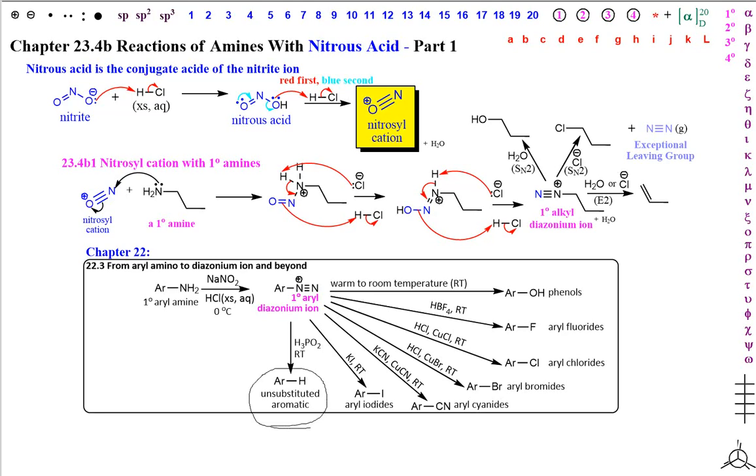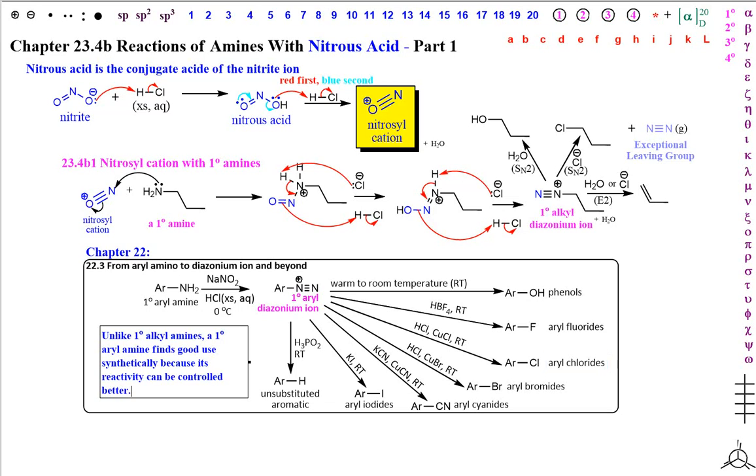So once again, in summary, aryl diazonium ions from primary aryl amines are useful. Unlike primary alkylamines, a primary aryl amine finds great synthetic use because its reactivity can be controlled a lot more easily. Moving on to secondary amines.